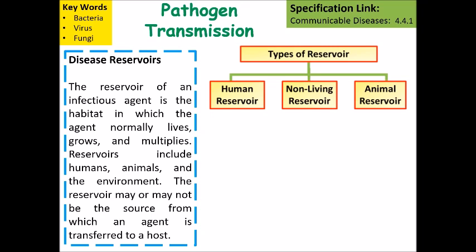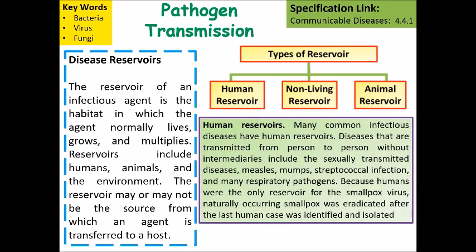Human reservoirs. Many common infectious diseases have human reservoirs. Diseases that are transmitted from person to person without intermediates, such as sexually transmitted diseases, measles, mumps, streptococcal infections, and many other pathogens, pass from human to human.